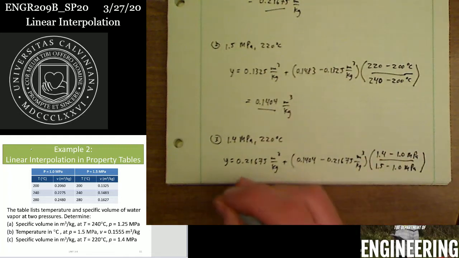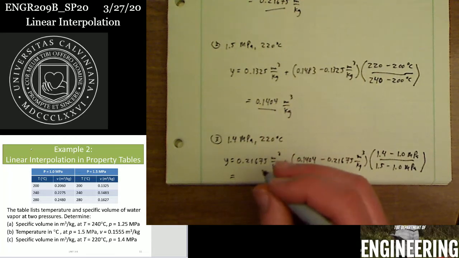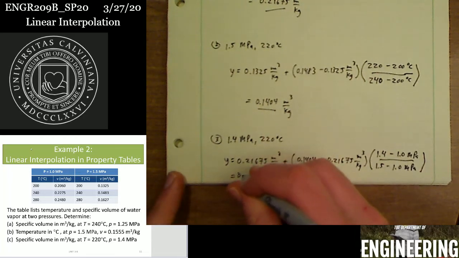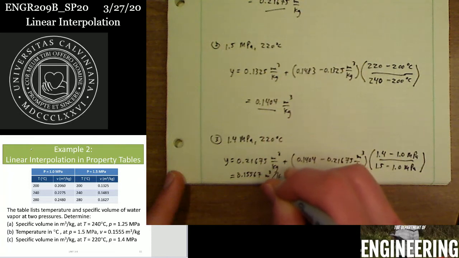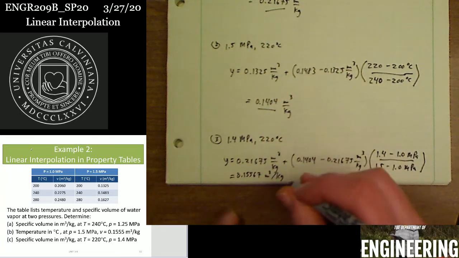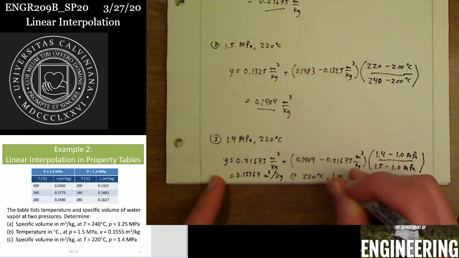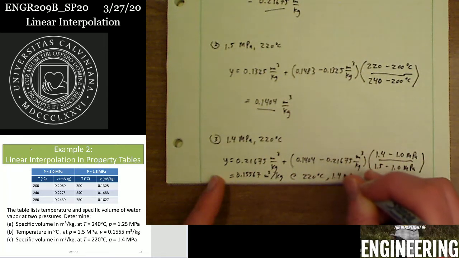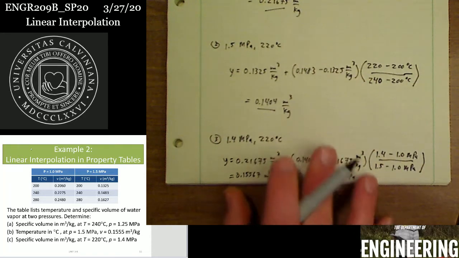So this equals, and this is the one we're looking for, 0.1557 meters cubed per kilogram. And this is at 220 degrees C and 1.4 megapascals. So this is what we're looking for at this temperature and pressure of interest.